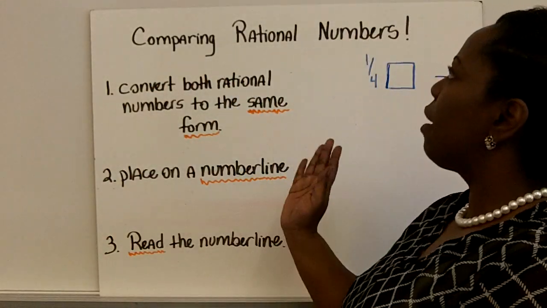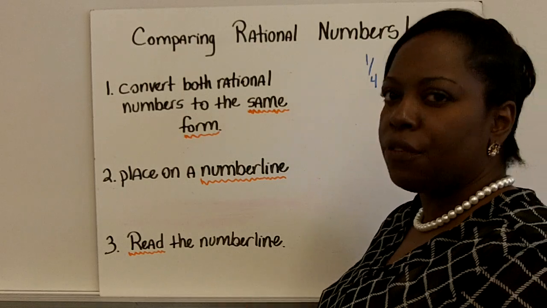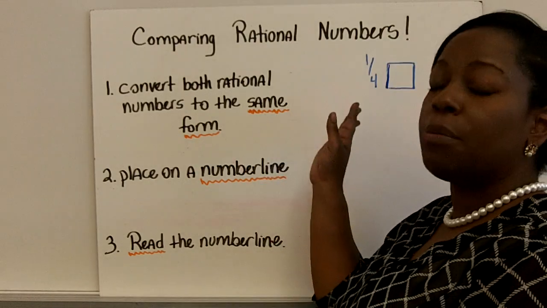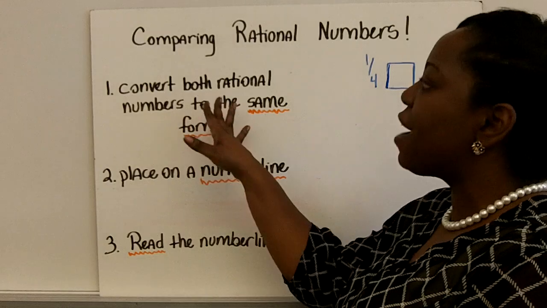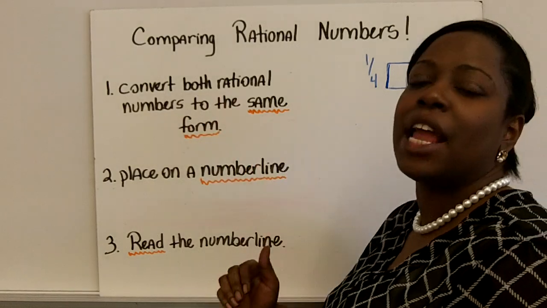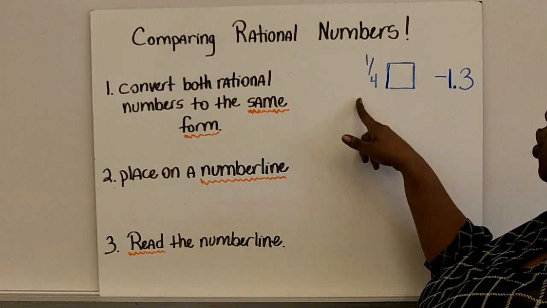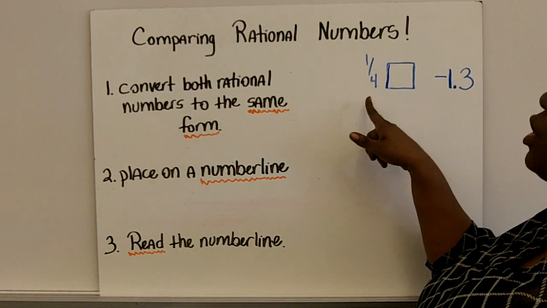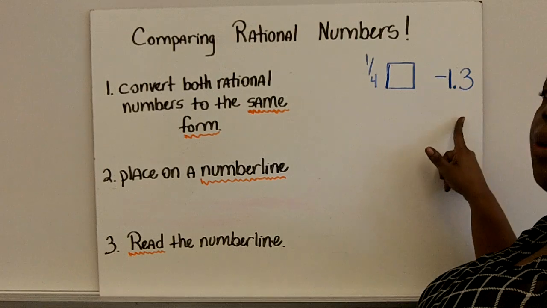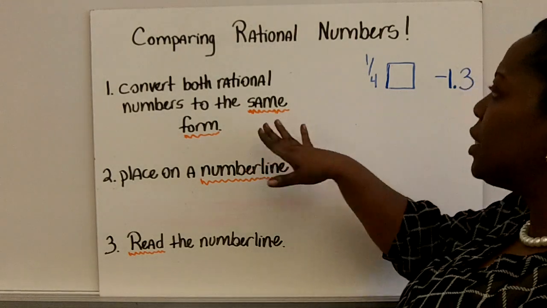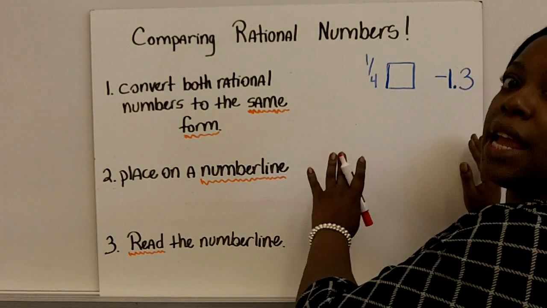Now, comparing rational numbers. Why do all this converting in the first place? Well, in order to compare rational numbers, you're going to have to convert the rational numbers into the same form. So, for example, if they gave you the fraction 1/4 and they're asking you to compare 1/4 to negative 1.3, the first step is to change both the rational numbers into the same form.